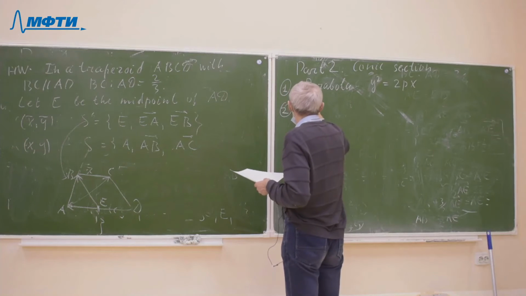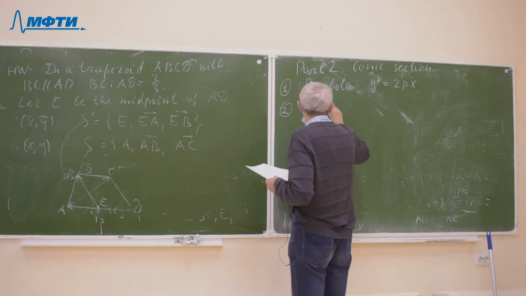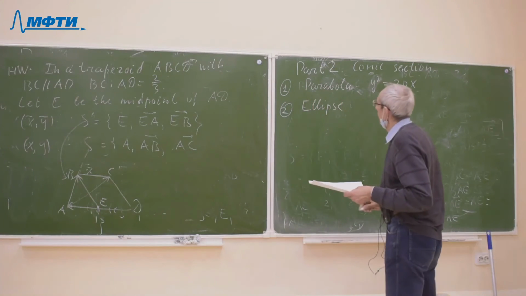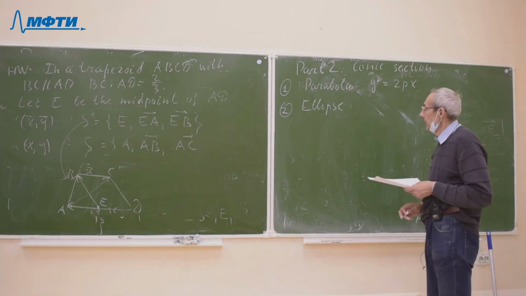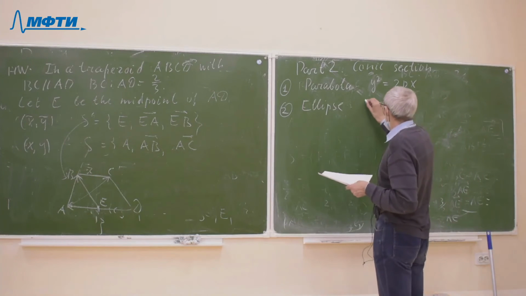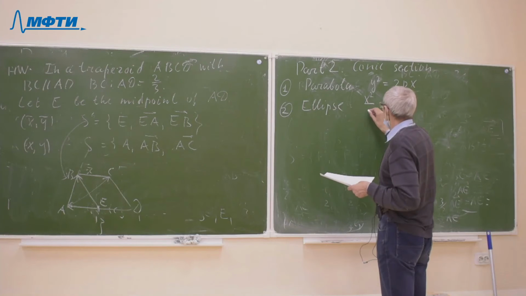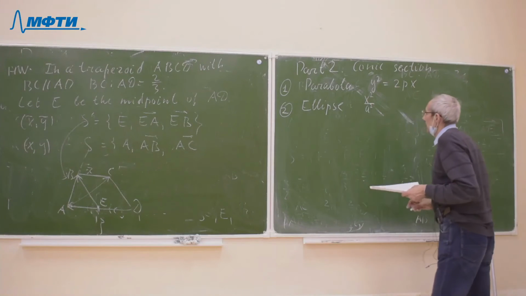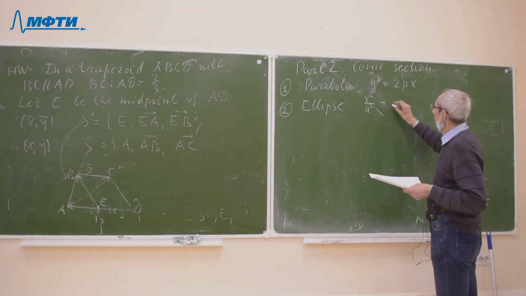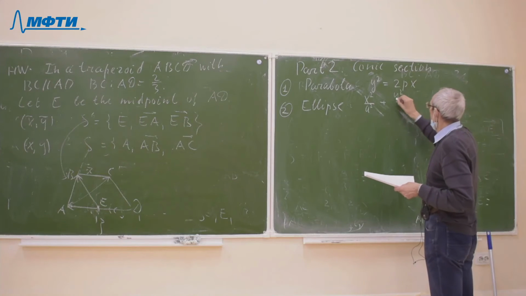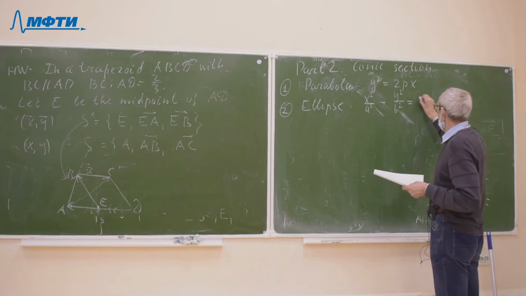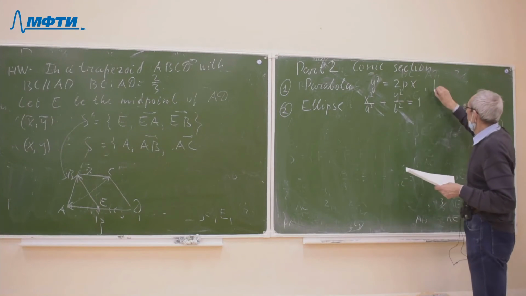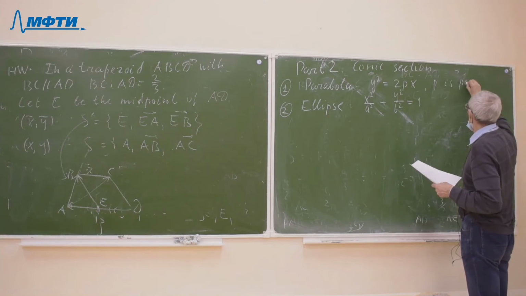Second formula, the ellipse. We will obtain this formula in the next lecture. The ratio x squared over a squared plus y squared over b squared is equal to 1. In the first formula, p is the parameter.